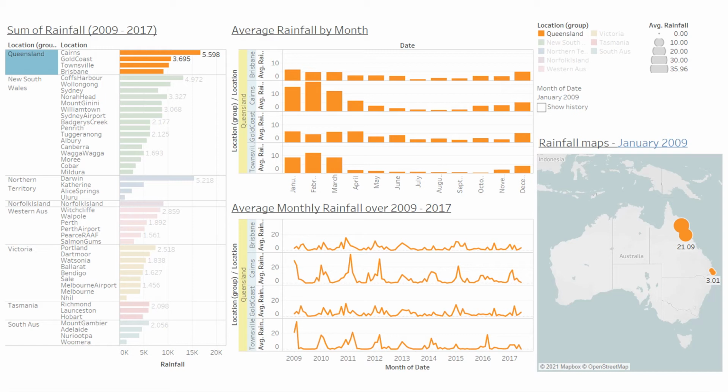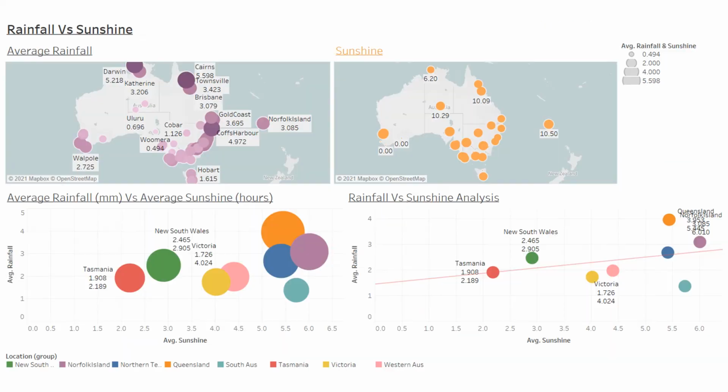We also transfer our data onto a map focusing on the Australia region where a bubble indicates a higher average rainfall volume of the city. For example, in this dashboard, Queensland is selected and all the detail is highlighted to the cities located in Queensland using orange color.